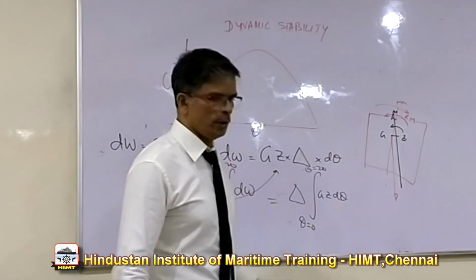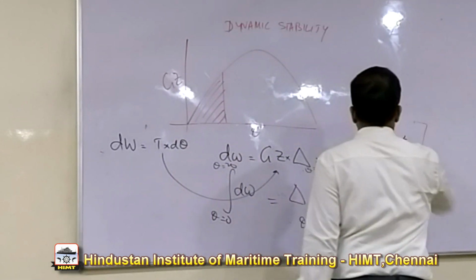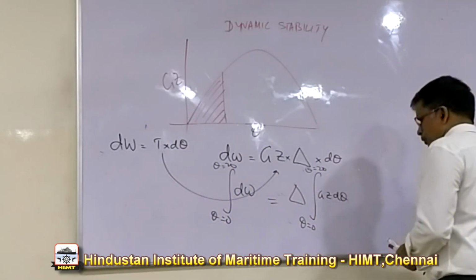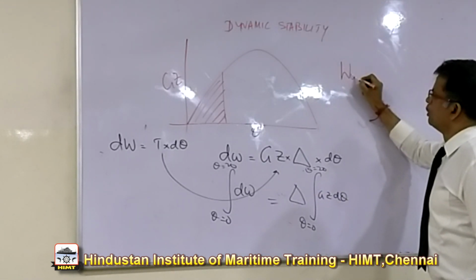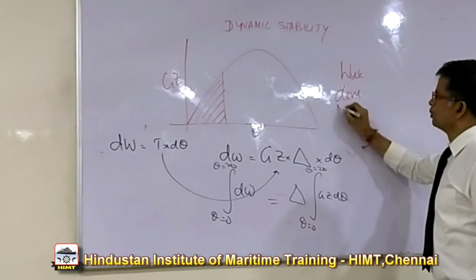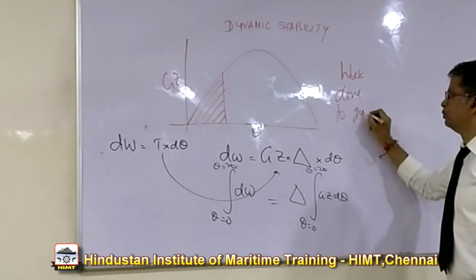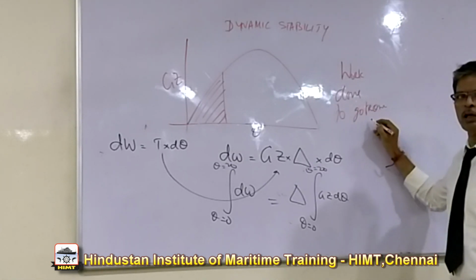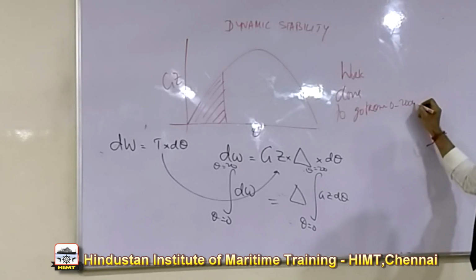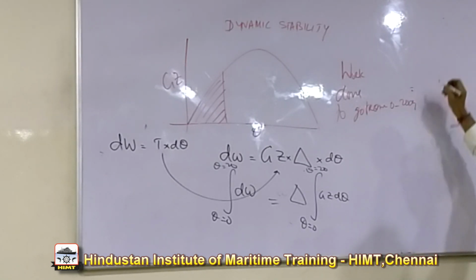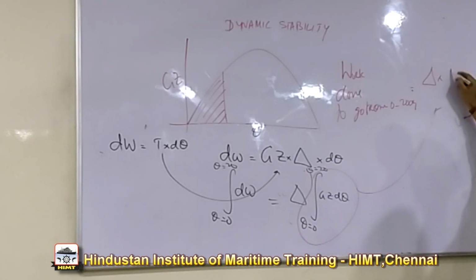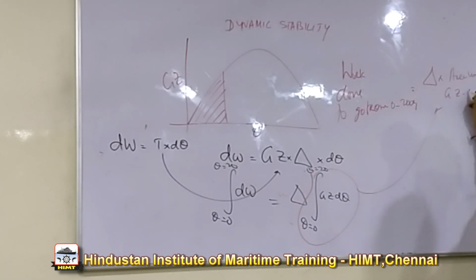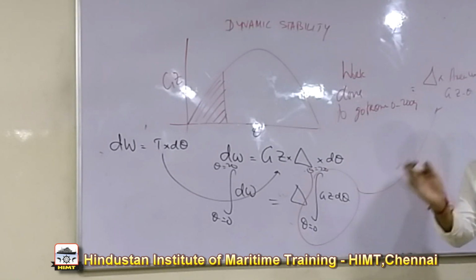So this whole thing can be turned into the area under the GZ curve. Work done from 0 to 20 degrees will be equal to displacement multiplied by this part, which is the area under the GZ curve, from here to here.